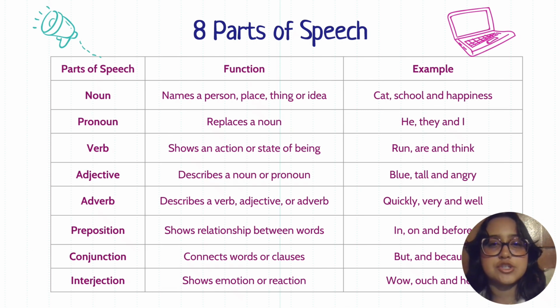Prepositions show the relationship between words, and conjunctions connect words or clauses. And at the end, we have interjections, which show an emotion or a reaction. In this case, like wow, ouch, hey, we have that kind of thing.